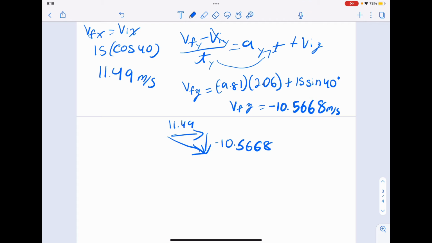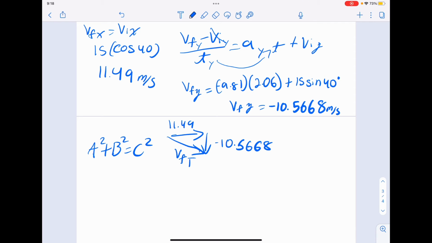That means that if we use a squared plus b squared equals c squared, we're going to end up with our velocity final total being... there you go. Boom, squared.